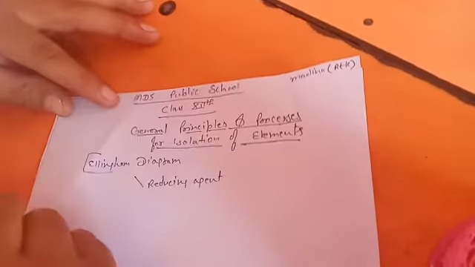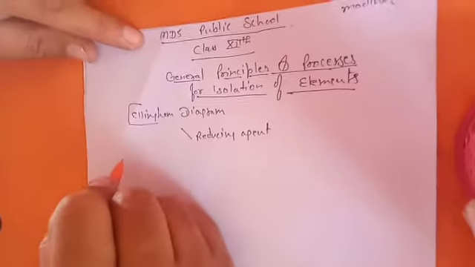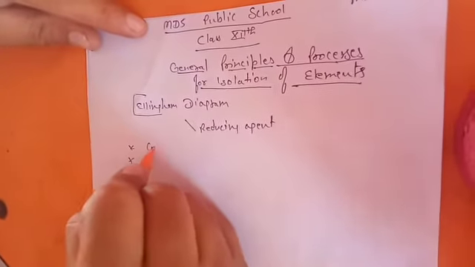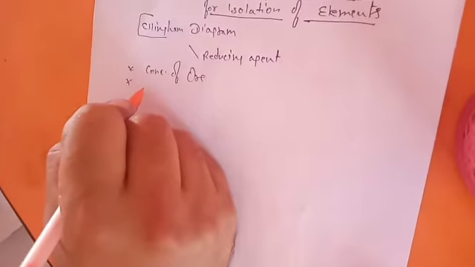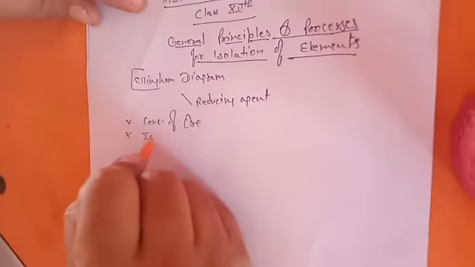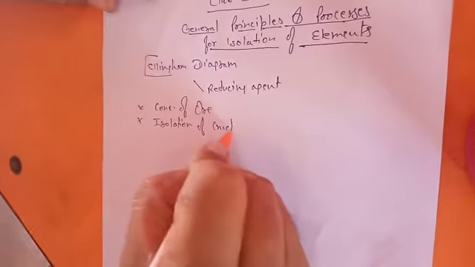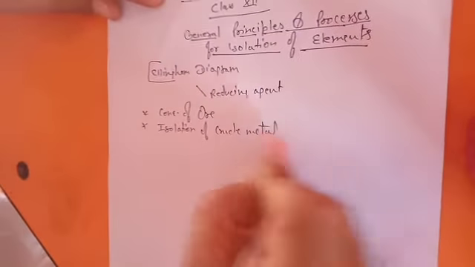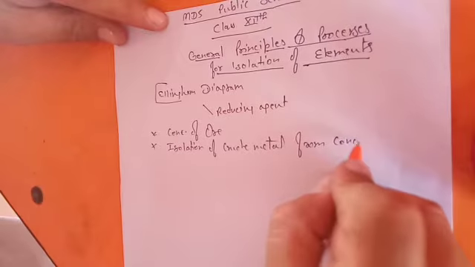Because in the second step, the first step is the concentration of ore. The second one is isolation of crude metal from concentrated ore.